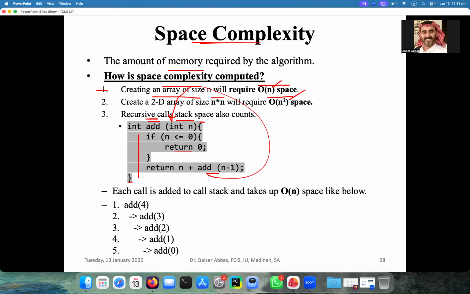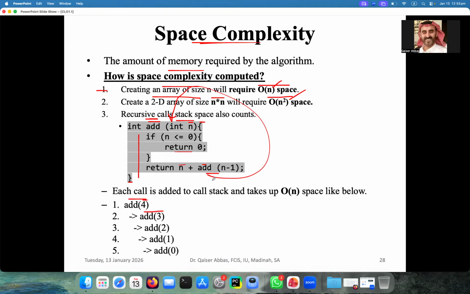So for example, here, if you are taking n is equal to 4, to understand it further, let's see. If n is equal to 4, then the first call is add of 4. Is 4 less than or equal to 0? False. Then you will come here, return 4 plus add of 4 minus 1, which is 3. So you are calling add with 3.